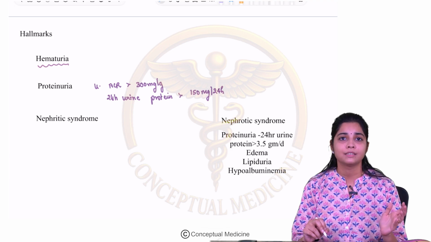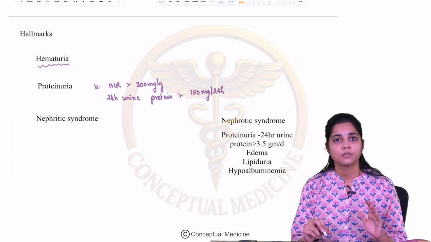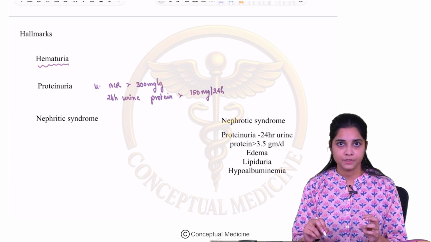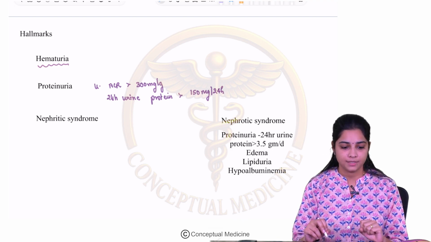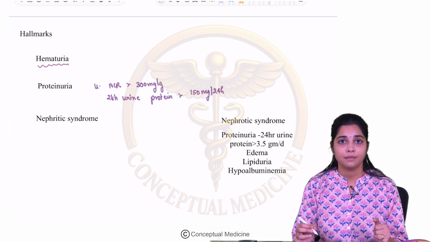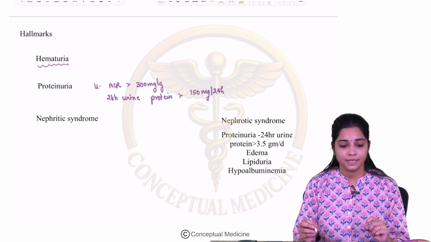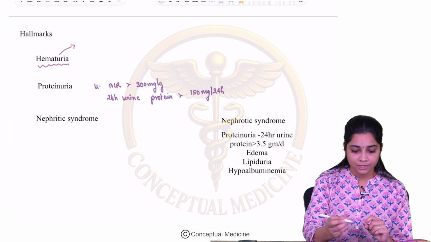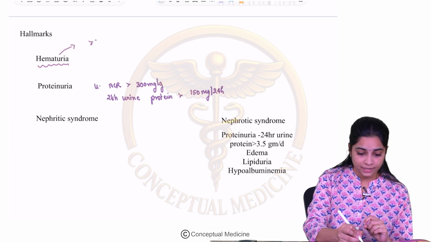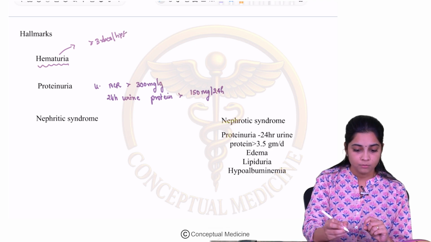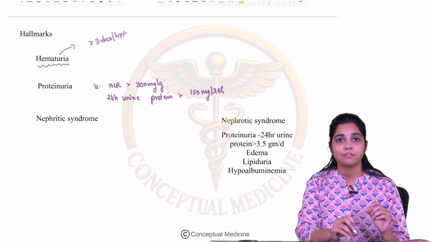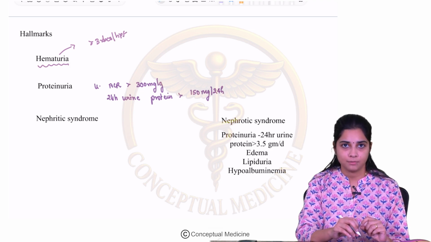We have looked at the tubule and interstitium disorders in our chapter on AKI. If the glomerular compartment is affected, how does it present? It presents with hematuria. Hematuria is defined as more than 3 RBCs per high power field when you do the urine examination.